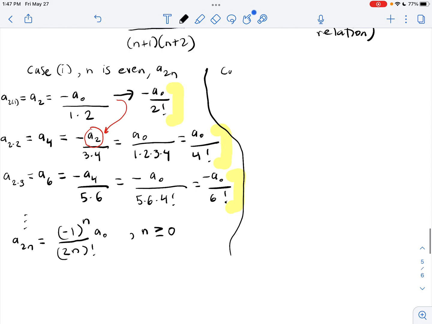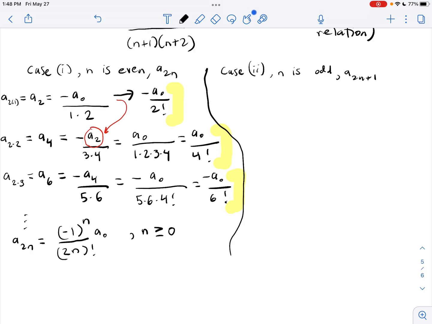N being even. What about case 2? This means that n is odd, and so we're talking about a sub 2n plus 1. So what would those be, right? We're starting with a1, then a3, then a5, and so on.